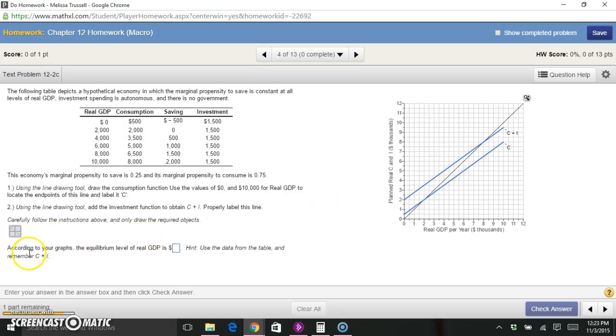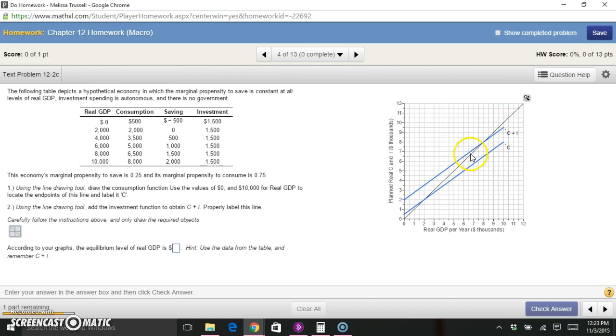Now the second part asks us to look at the graph and figure out the equilibrium level of real GDP. You'll remember from reading your textbook that the equilibrium level of GDP is the place where consumption plus investment equals GDP. On the graph, they have drawn this line that splits us in half, the 45-degree line.